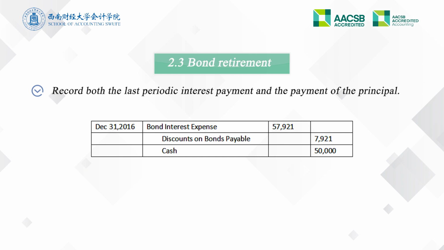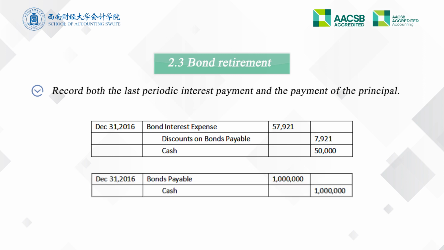Credit discounts on bonds payable 7,921 yuan. Credit cash 50,000. December 31st, 2016. Debit bonds payable 1 million yuan. Credit cash 1 million yuan.